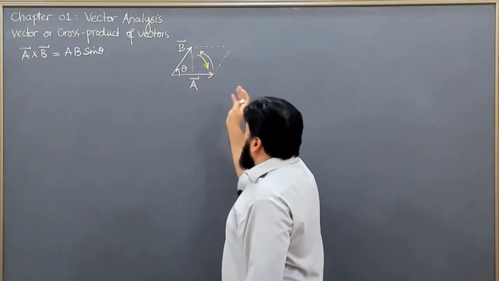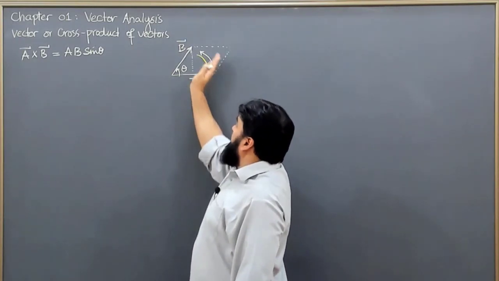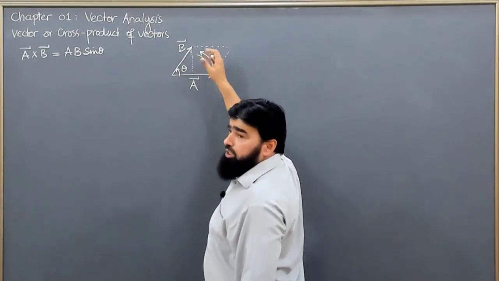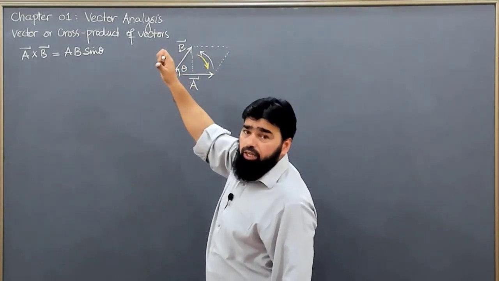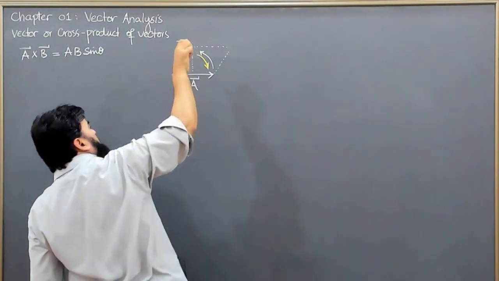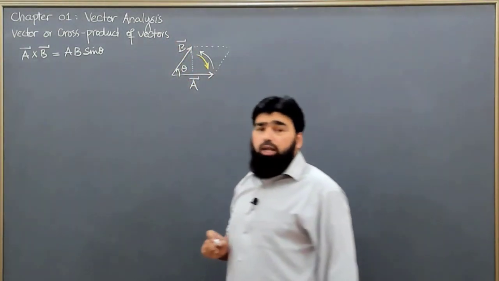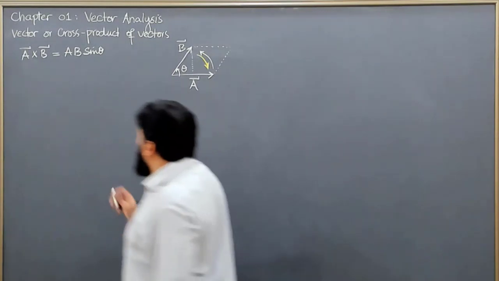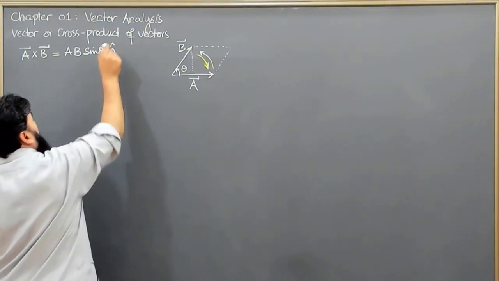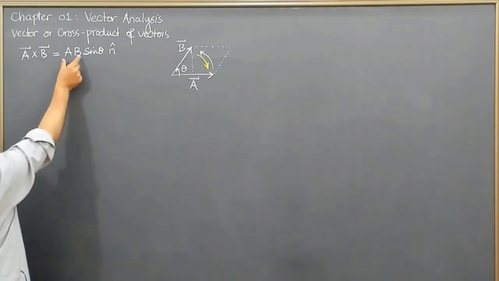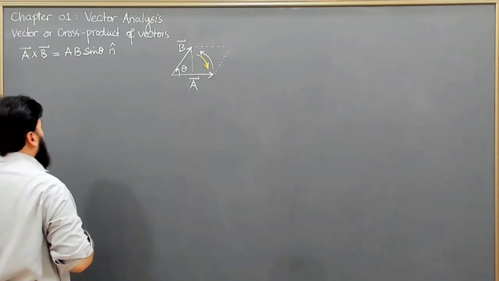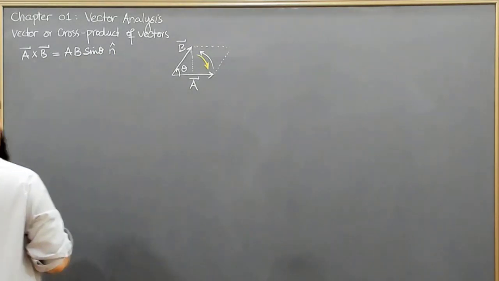This is area. Now if I sweep this vector along B, meaning A along B, then the area is having this direction. And if I sweep this vector along this vector, then the area will be inward. So this will be equal to the n unit vector. The n unit vector is actually this area which is swept, and this will be the direction of this vector.